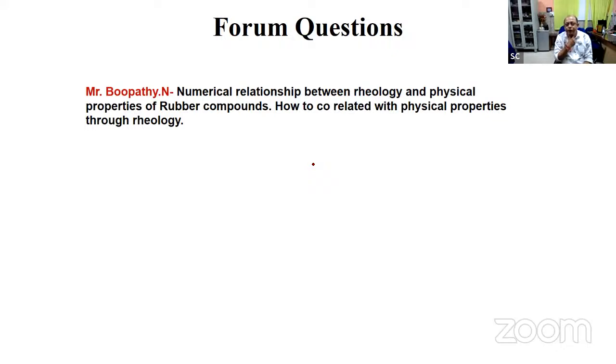As I told you, dynamic mechanical properties, what do they measure? They essentially measure the modulus. If you look at the complex modulus, which is the dynamic modulus, that means modulus as a function of time.